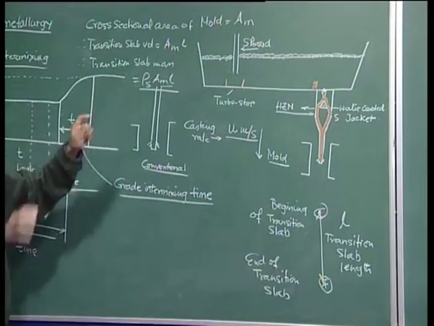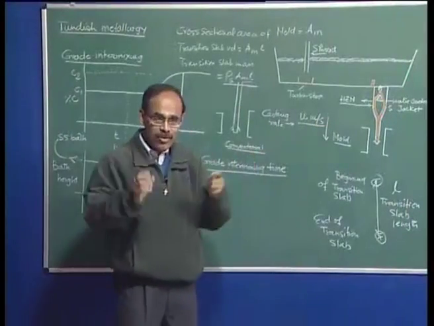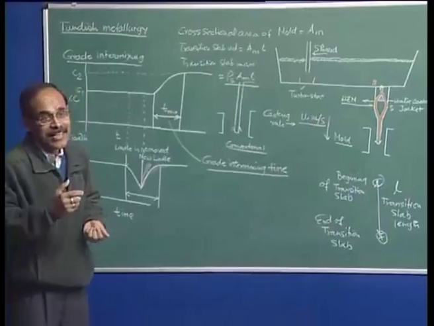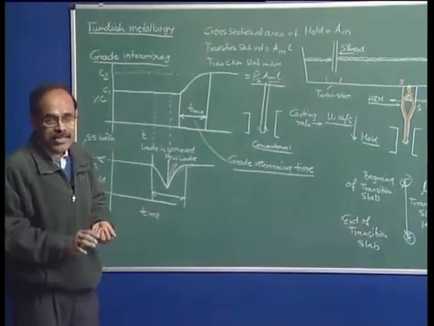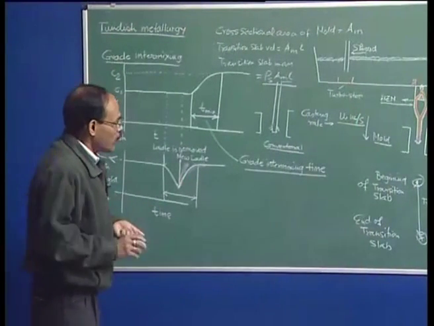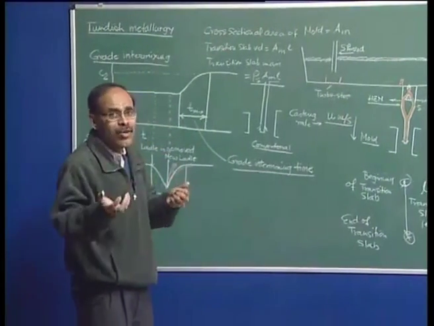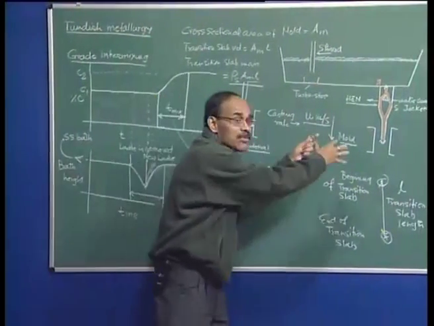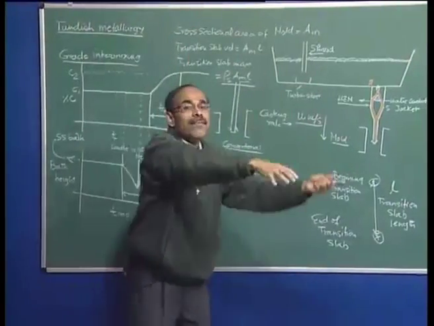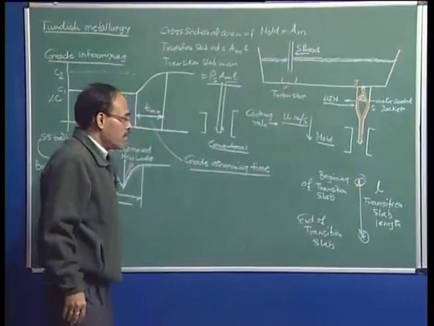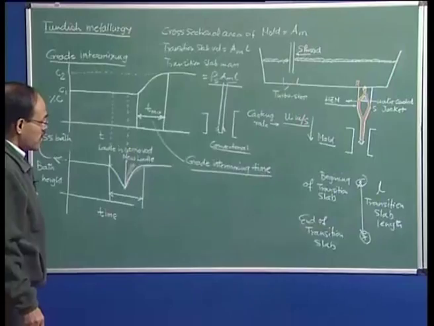What does that mean? I cannot sell it to the market, or maybe I can sell it, but at a lower price. I cannot get the premium for the transition slab. I have to sell it at a much reduced price, or worse come worse, that transition slab is going to be charged back into the basic oxygen furnace or EAF as solid steel scrap.